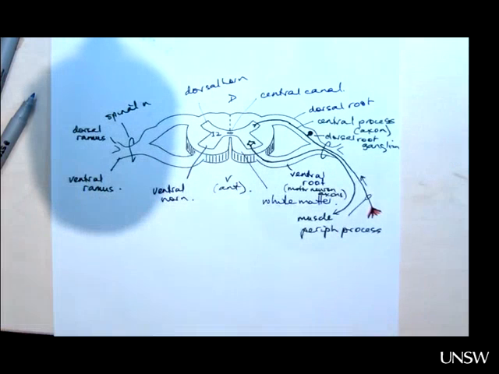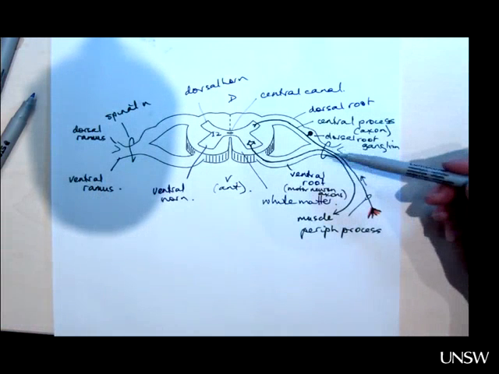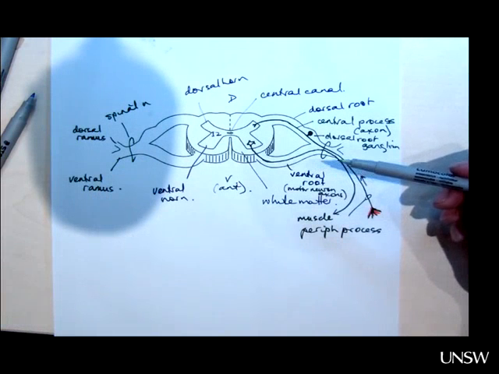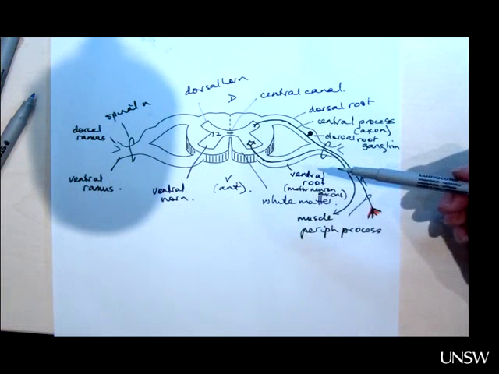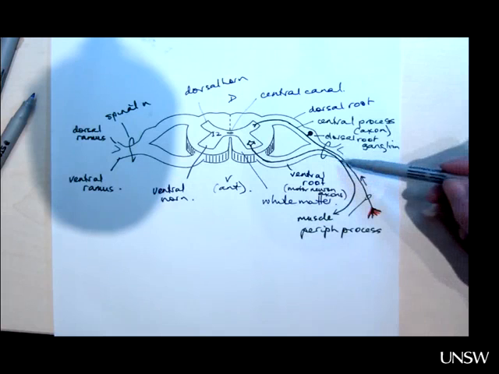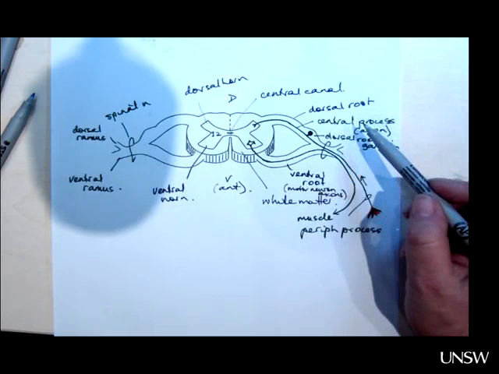Now, you can see on this side that the spinal nerve is a mixed structure. It's got motor and sensory fibres in it, information going in both directions. So do both the dorsal and the ventral rami. So I've drawn these here as if they're going into the ventral ramus, but they could just as easily be going into the dorsal ramus of our spinal nerve.